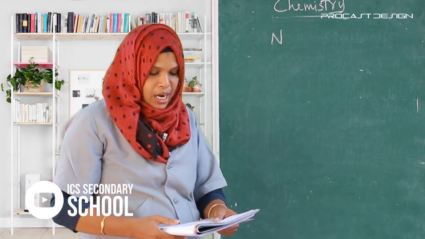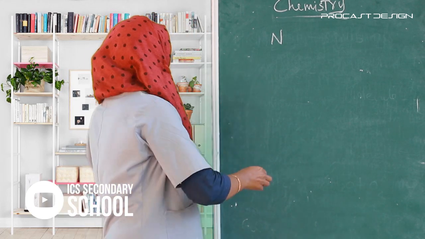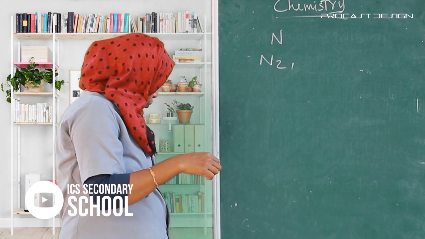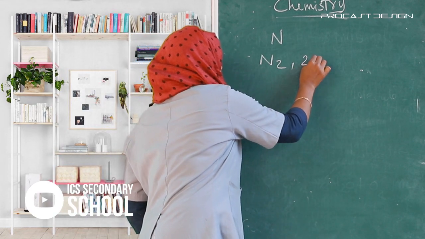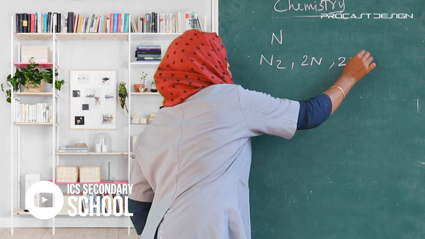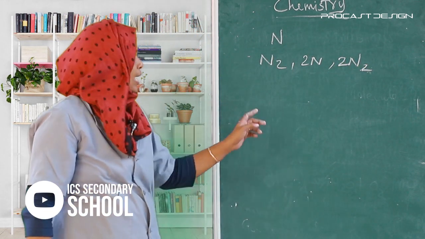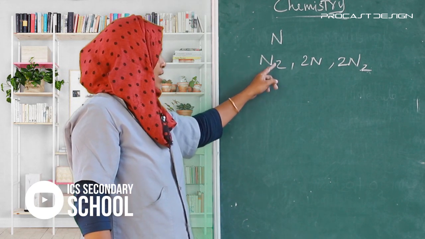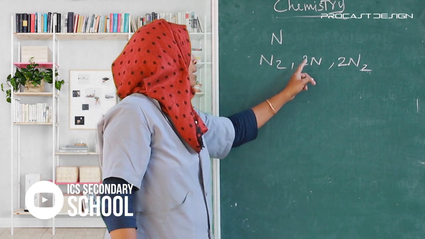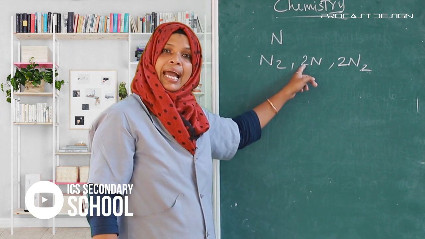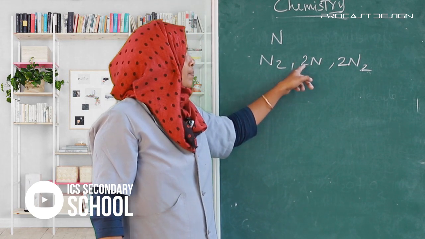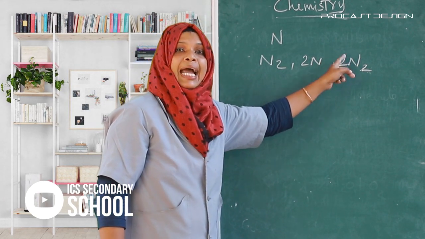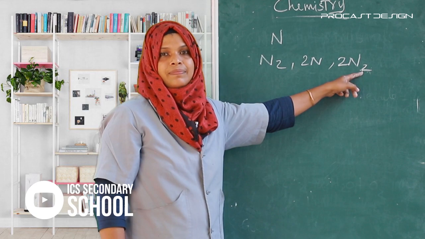Question: what do N2, 2N and 2N2 indicate? N2 means 1 molecule and 2 nitrogen atoms, 2N means 2 molecules and 2 nitrogen atoms, and 2N2 means 2 molecules and 4 nitrogen atoms.